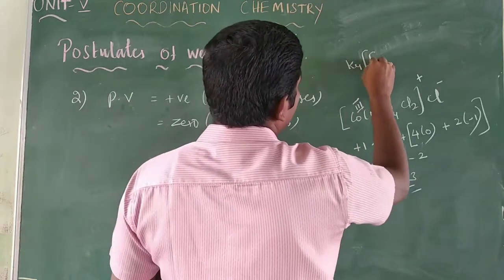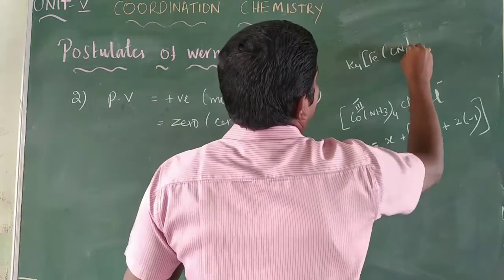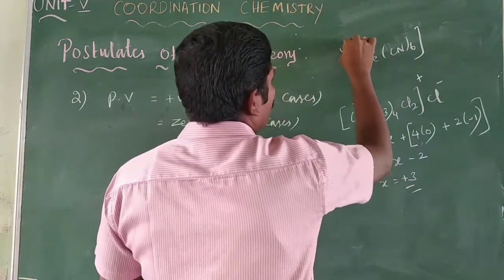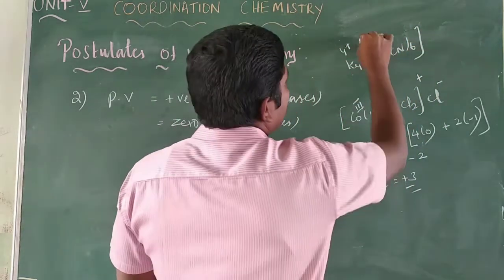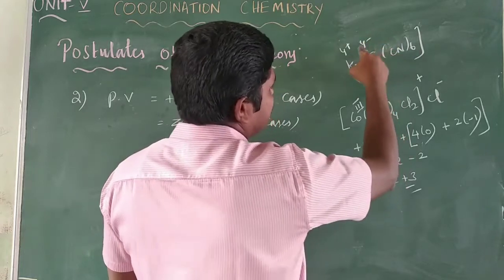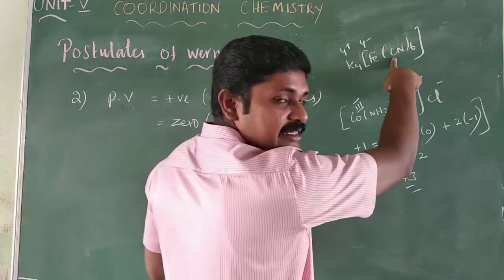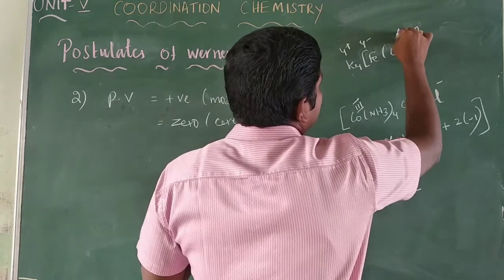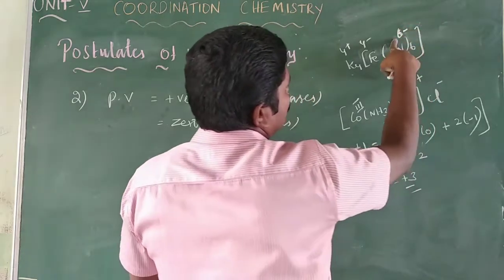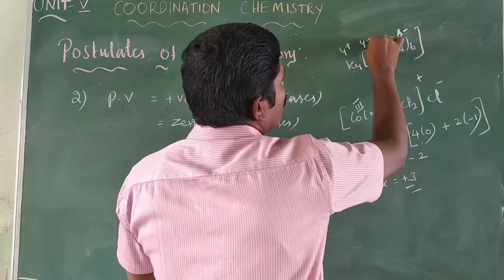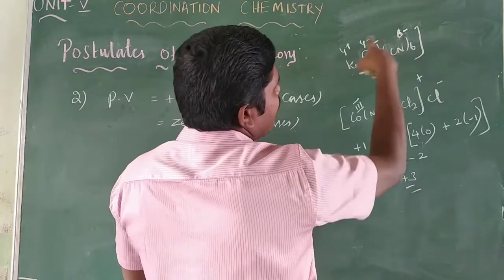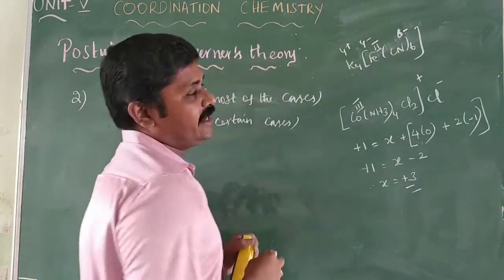K4[Fe(CN)6]. So 4 plus in potassium, so 4 minus is the charge on the complex. Each cyanide ion is minus, so 6 minus in total. So 2 plus 6 minus is equal to 4 minus.